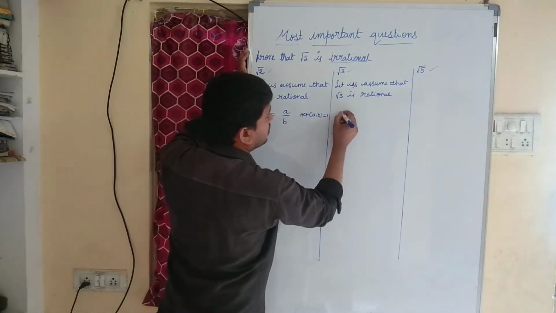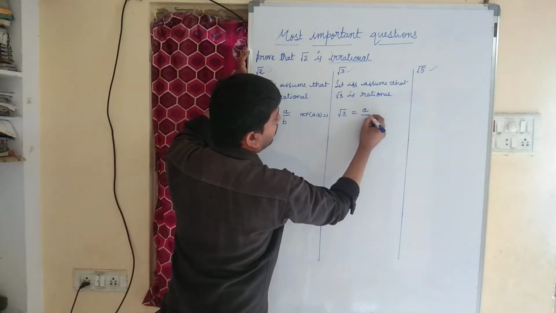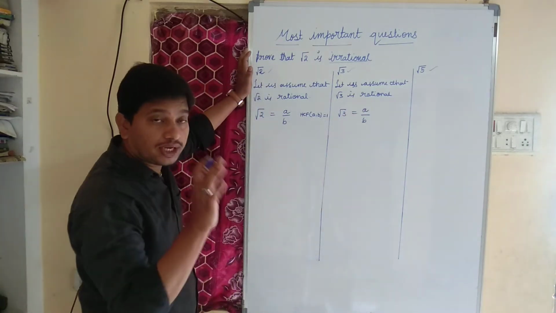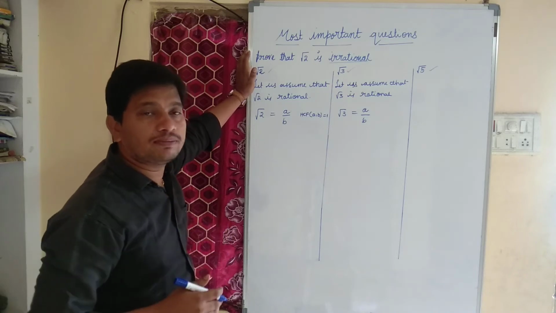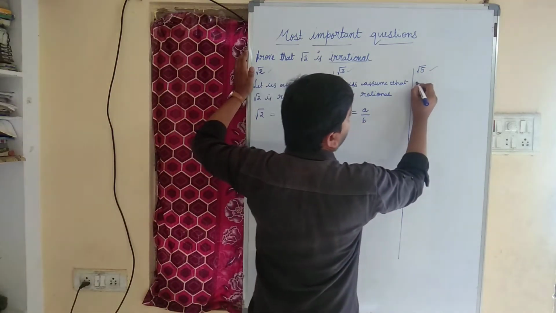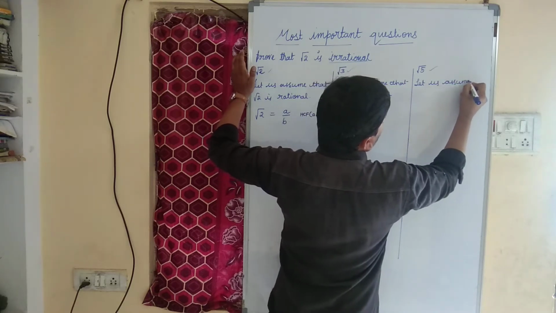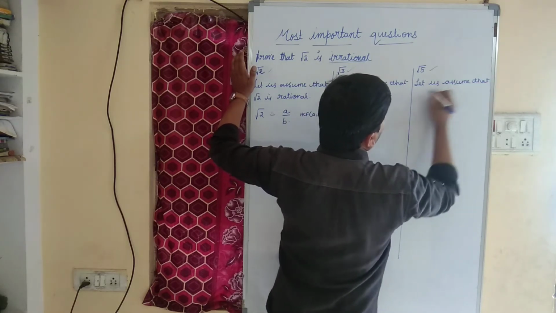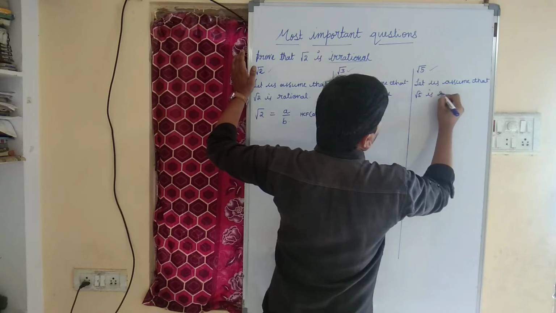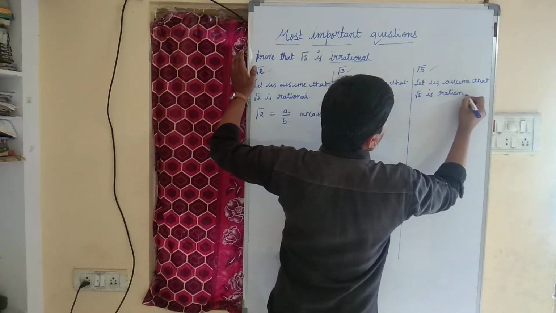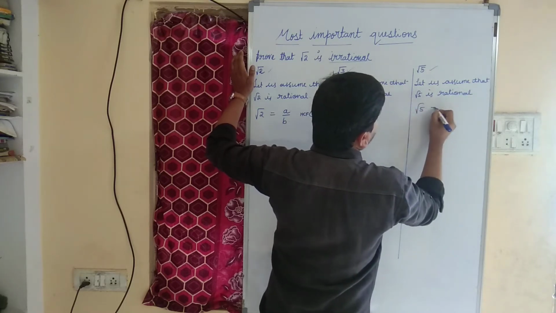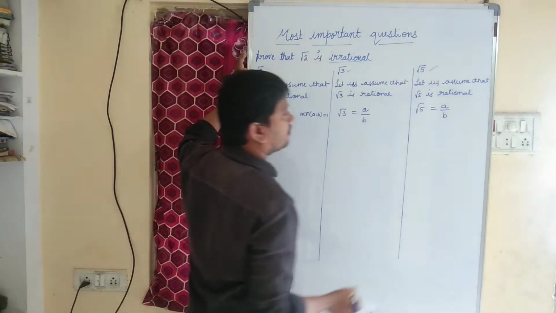We know that a rational number should be in the form of a by b, and both a and b should be co-primes. Similarly, coming to root 5, let us assume that root 5 is rational. Rational in the sense it should be in the form of a by b.